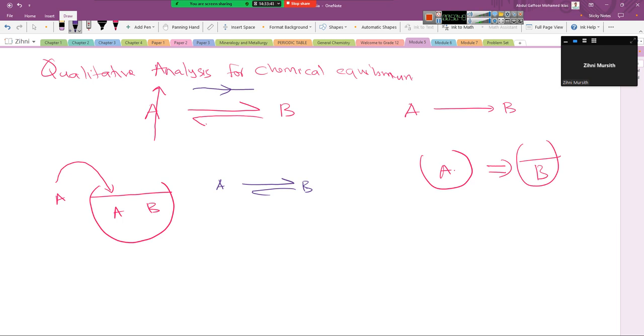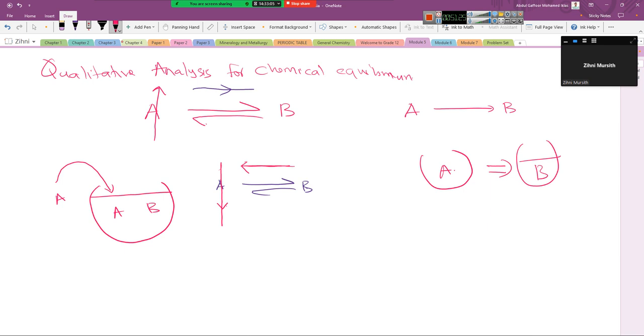So when the concentration of A is decreasing, the equilibrium will move in the direction in which it will produce A. So now A should be increased. If A should be increased, the equilibrium should move in the backward direction, then only B can produce A. Can you understand this one?